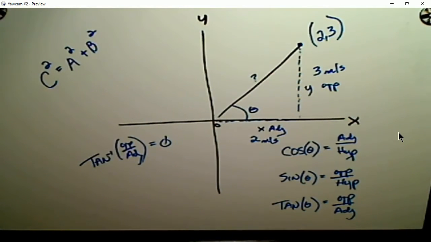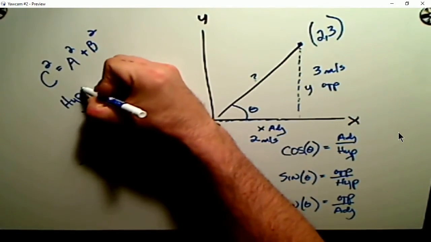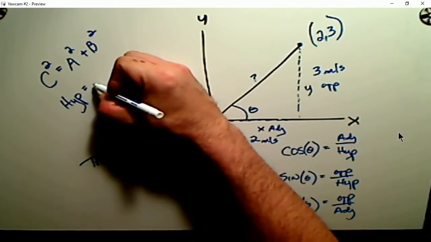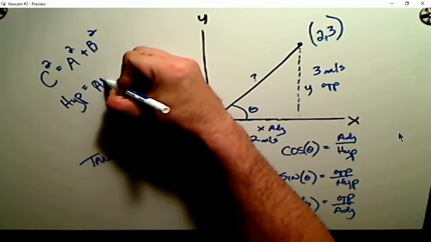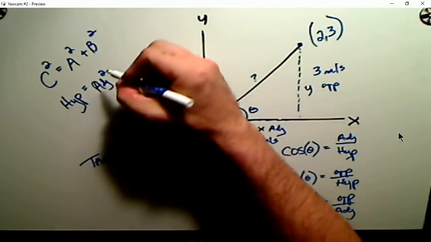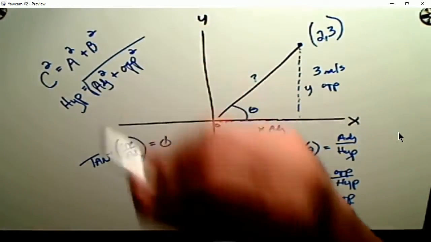Or in this example, the hypotenuse of this triangle is equal to the adjacent side squared plus the opposite side squared, and you take the square root.